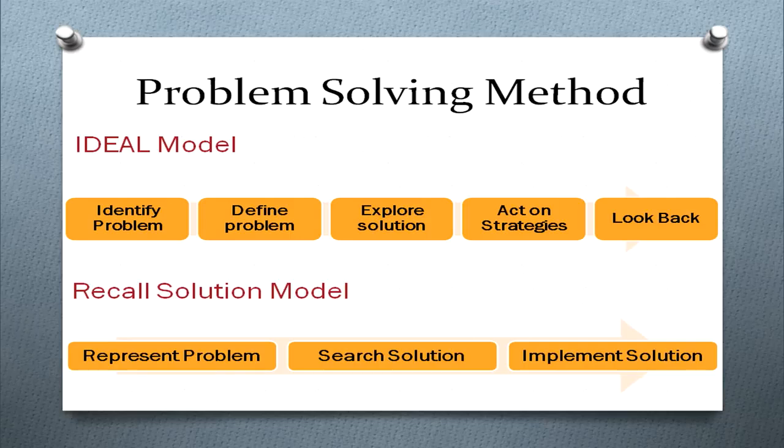So it is a reflective exercise. The next one is recall solution model, which is very similar to the ideal model. It's a three-step process where you first represent a problem, then search solutions of the problem, and lastly implement solutions with the students.